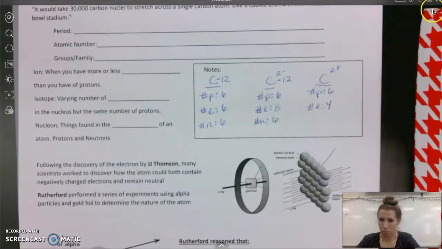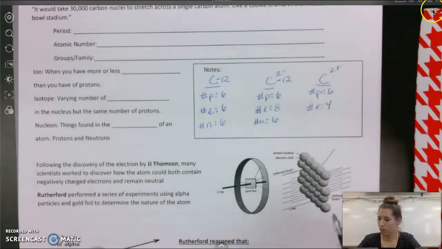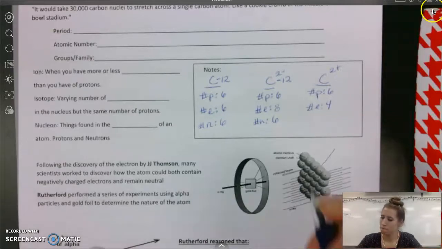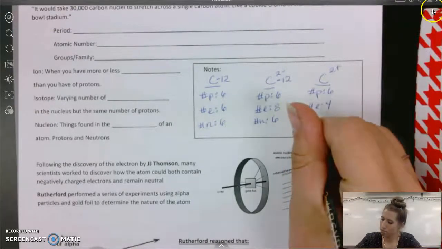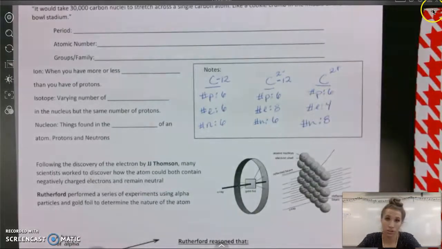It's both an isotope and an ion. And then here, what if we had a different number of neutrons, like carbon 14? If this is carbon 14 instead of carbon 12, the mass number is the number of nucleons, protons plus neutrons. So we would need 8 neutrons.